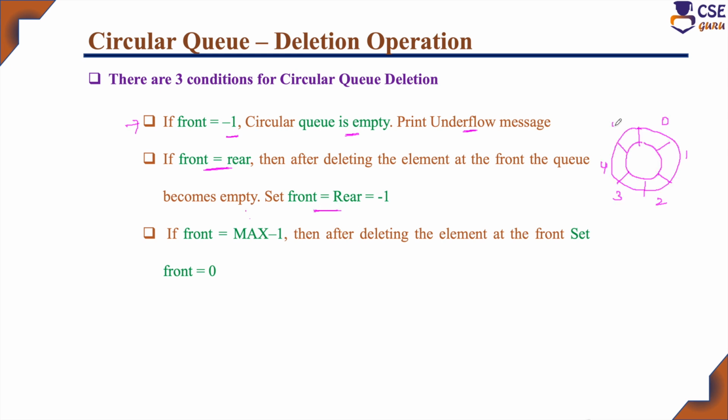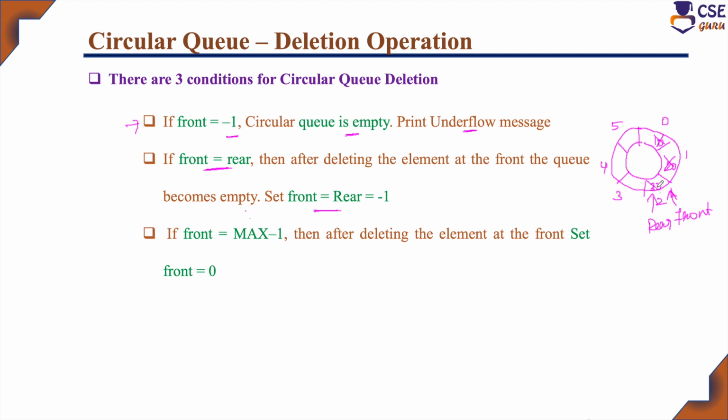For example, consider the circular queue like this. If front is equal to rear, here element 10 is there, 20 is there, 30 is there. Now rear is pointing to this position and front is also pointing to this position. When will it happen? You have already inserted elements 10, 20 and 30, but how will front point to 30? If this is deleted and this is also deleted, in that case front will point to 30. What does that mean?